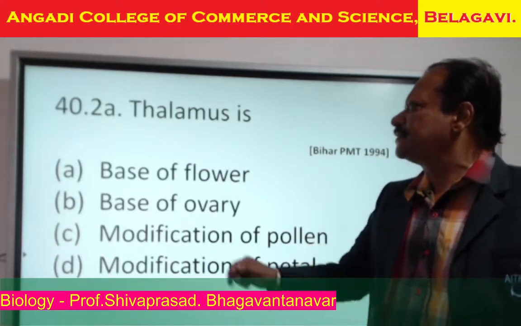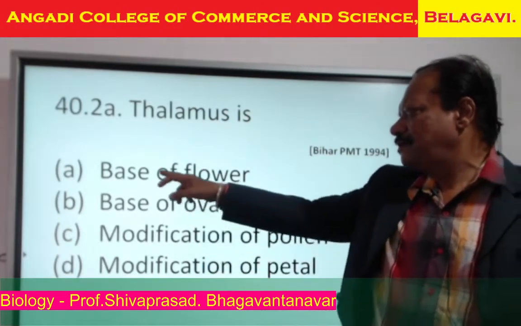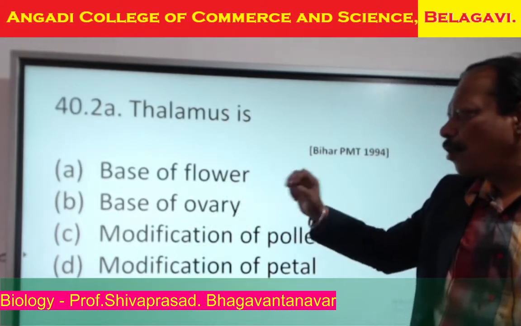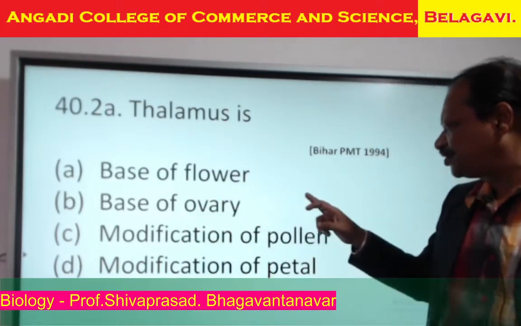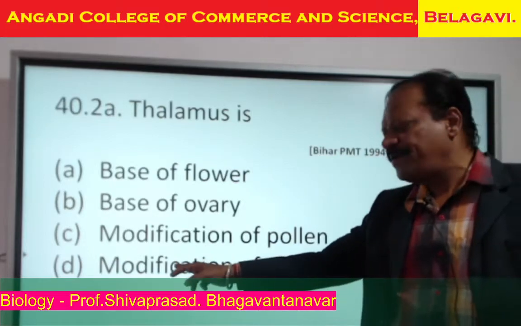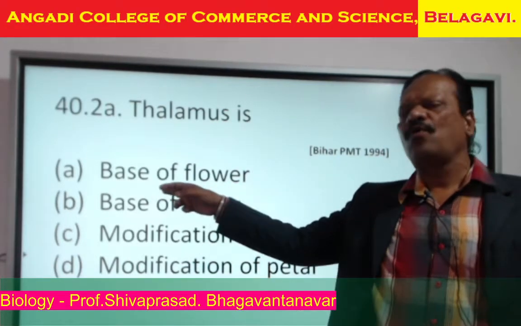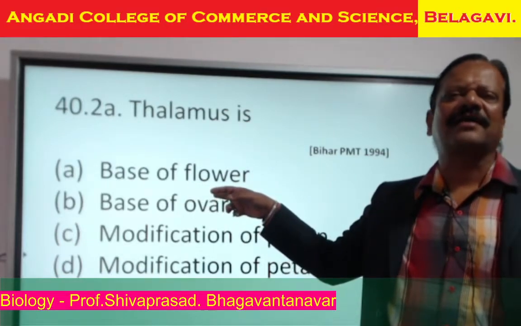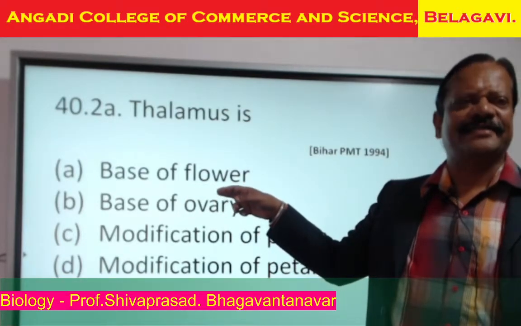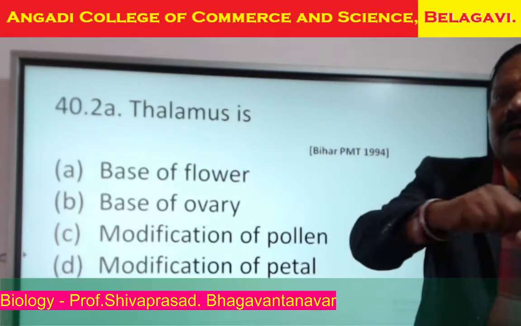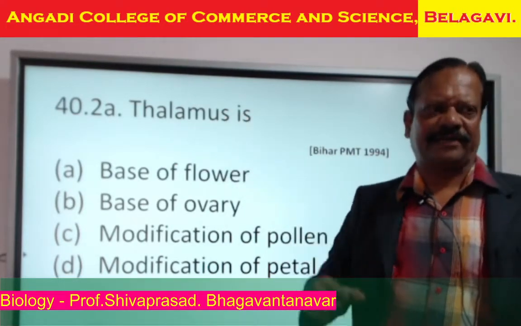Thalamus is base of a flower, base of an ovary, modification of pollen, modification of petal. Here, base of the ovary, you cannot consider it as the right answer. It is only because the base of the ovary is also landing on the thalamus.